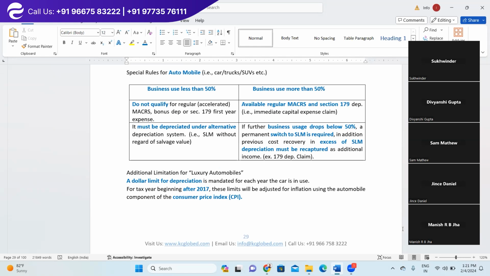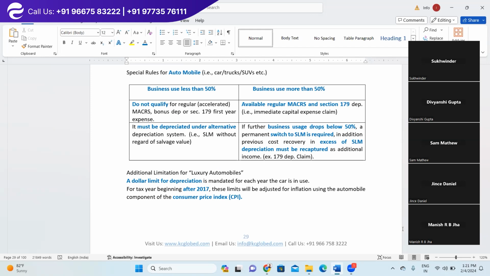Okay. So next is additional limitation for luxury automobiles. Luxury automobiles like Rolls Royce, Bentley, Jaguar, such kinds of high-end cars. In the United States, that is also a normal users' car now.